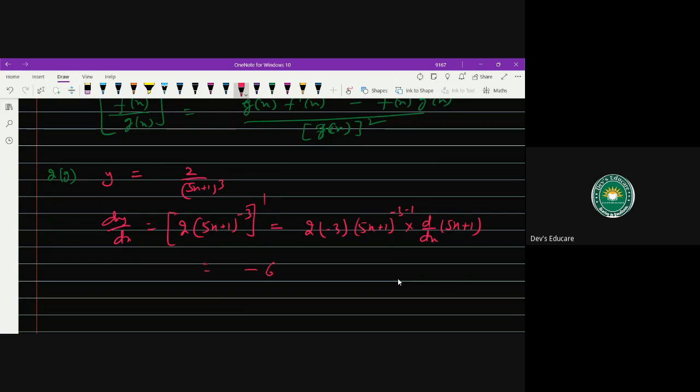So this will be minus 6 upon 5x plus 1 to the power 4, into 5. So minus 30 upon 5x plus 1 to the power 4. Check your answer.